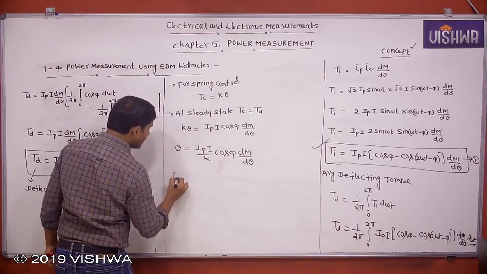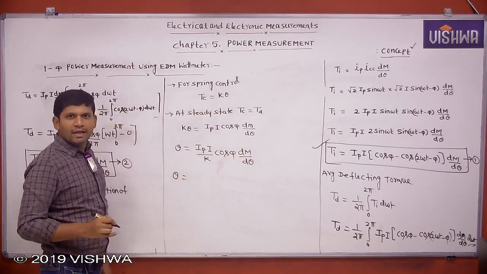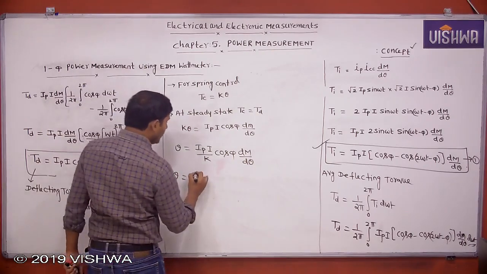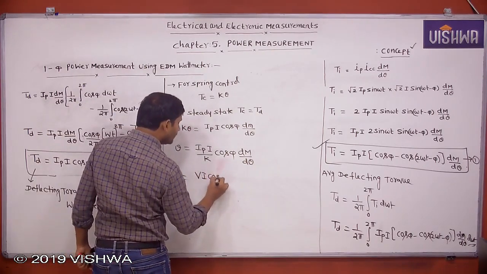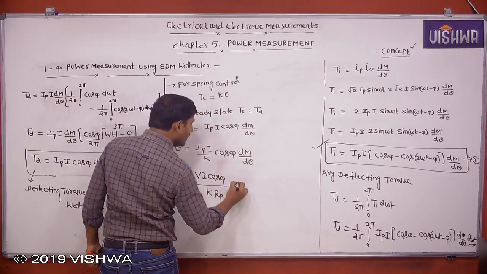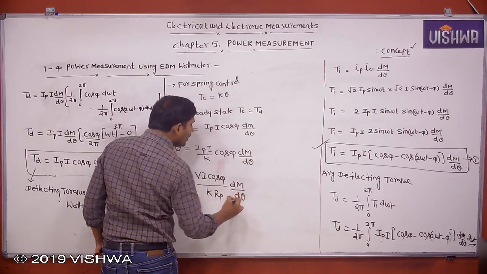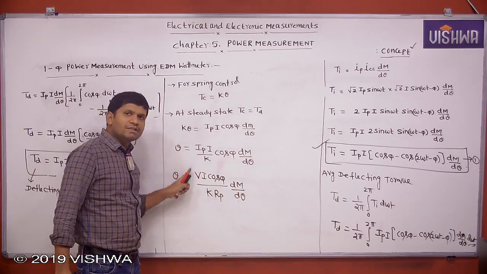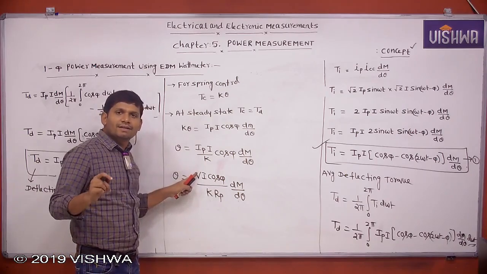Shall we write it like this? Theta equals, with Ip equal to V by Rp, V I cos phi by K Rp into dM by d theta. This is the deflection of the pointer with the assumption that pressure coil inductance is negligible.